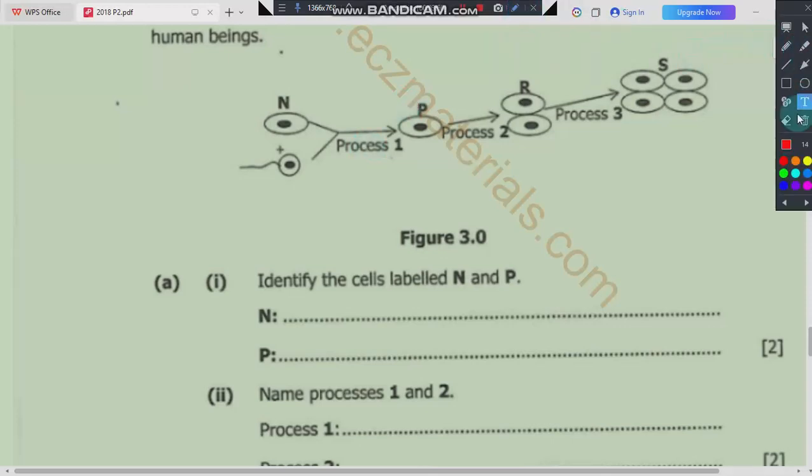So we say fertilization is happening in the fallopian tube. If you're not able to use the word ampulla, you can simply say fallopian tube. So this is where fertilization is occurring in females. Having that said, let's go to the next question.